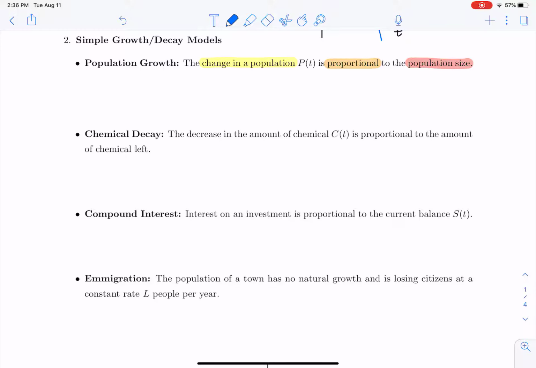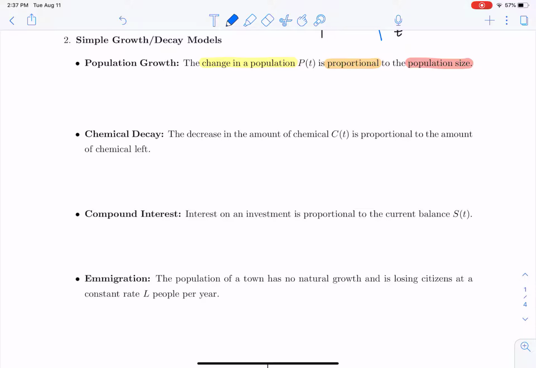And populations don't have to grow just from reproduction. We can also talk about a population as a group of people that have a certain disease. If a group of people have a disease and we want to see how that group is growing, we can say the more people that have the disease, the more likely that they're going to spread it to other people, and so the more growth that we're going to have in the disease.